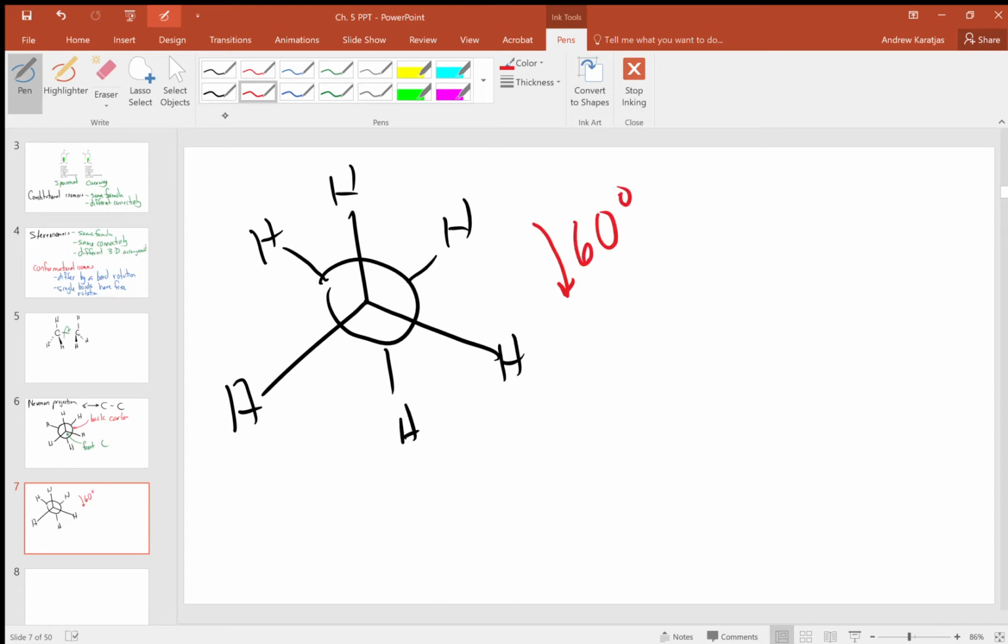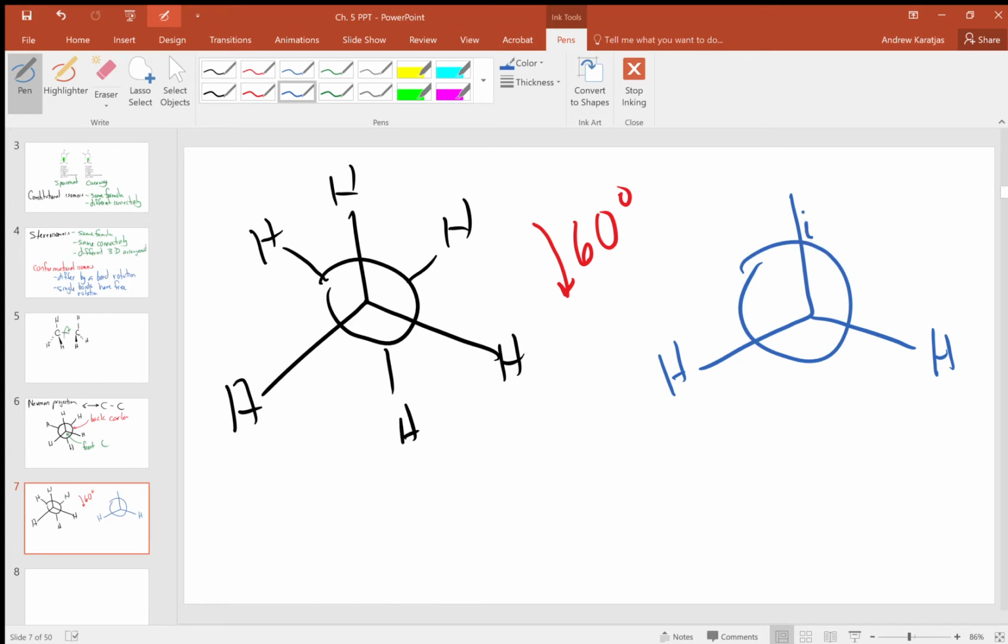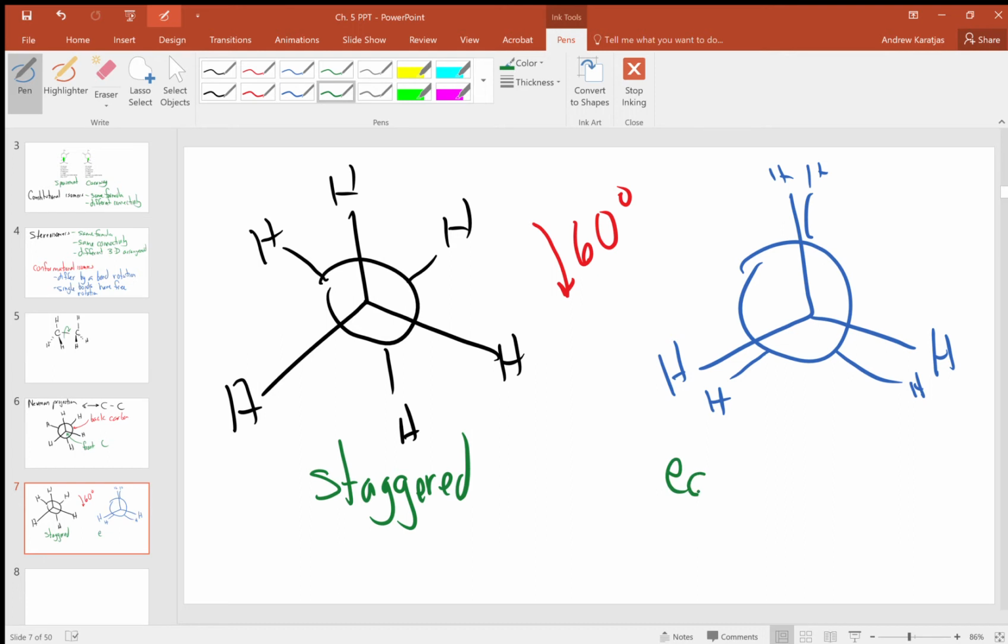And if we do that, we get a very different conformation, one that looks like that. The one on the left we call staggered, and on the right we refer to that as eclipsed.